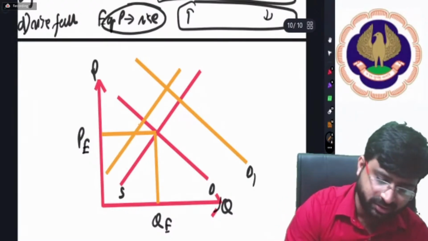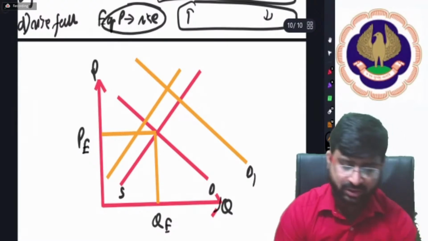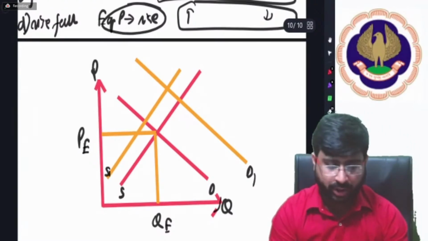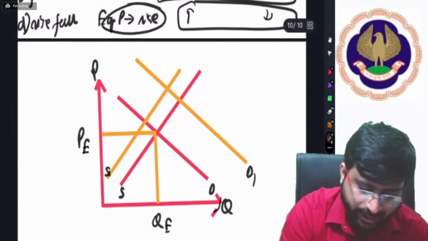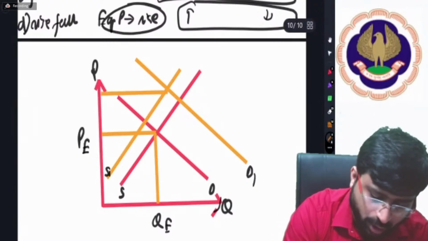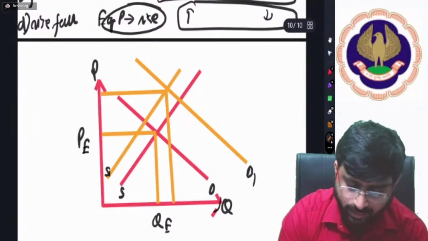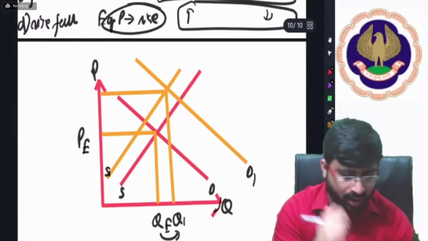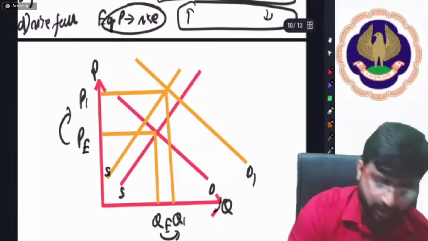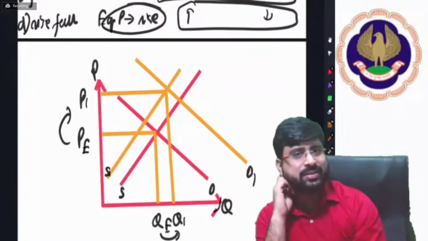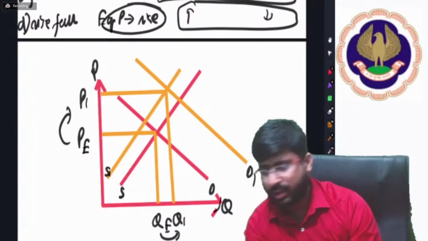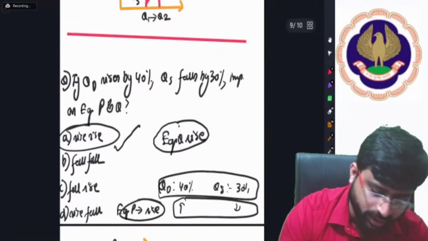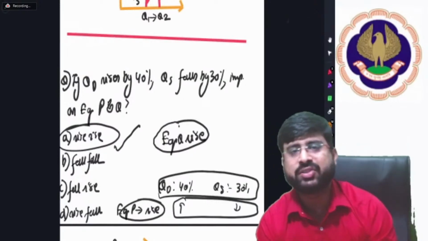So supply curve is also S1 here. Whatever you do, if you see the intersection point, it is resulting in an increased equilibrium quantity and an increased equilibrium price. So there is a rise going on here, and there you have it. This is the answer.